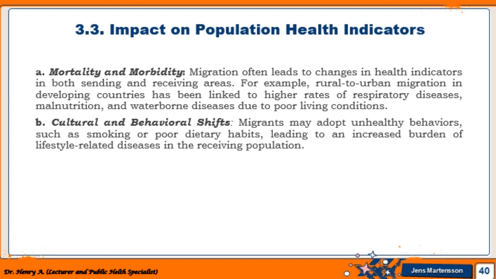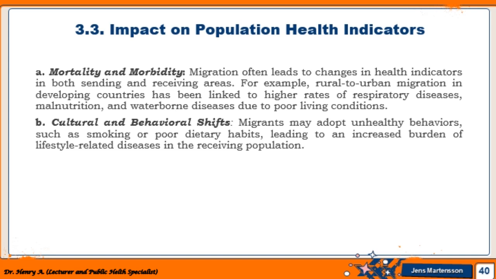to poor living conditions. Under cultural and behavioral shifts, migrants may adopt unhealthy behaviors because when they get there, in order to conform or survive, they adopt unhealthy behaviors in their new environment, such as smoking to forget their sorrows, and poor dietary habits.